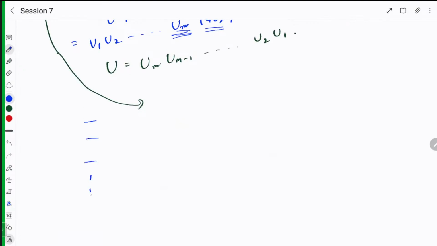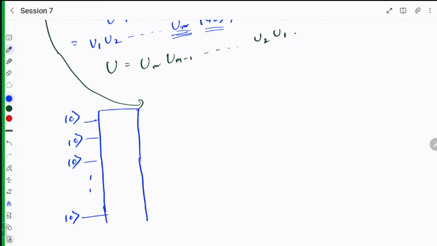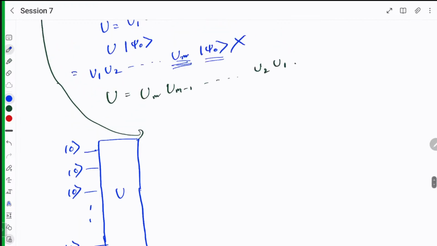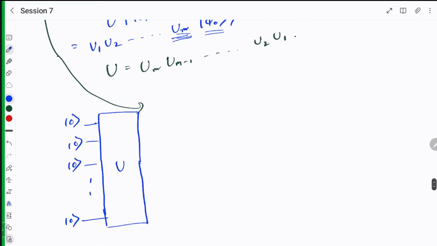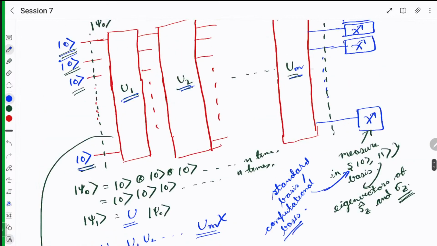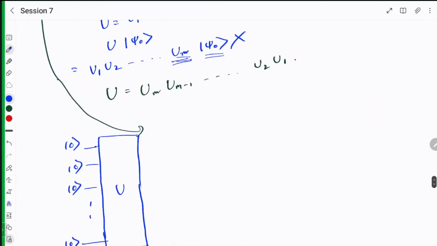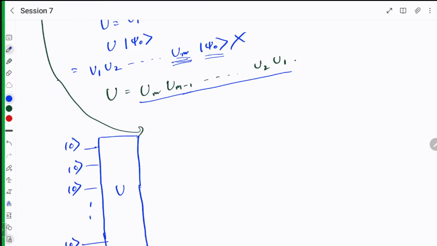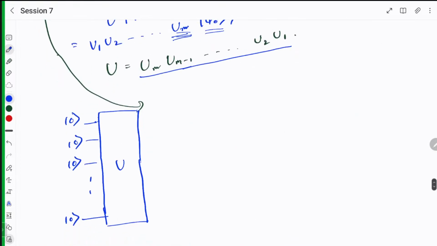So you have these n inputs, all prepared in the zero state, and then you have this unitary which is acting on this. This unitary is basically the resultant of all these m unitaries, related as UM, UM minus 1, and so on up to U1.